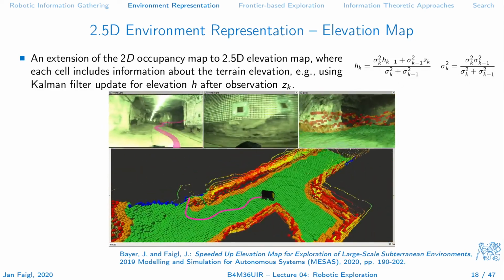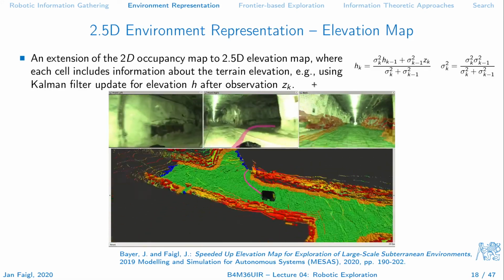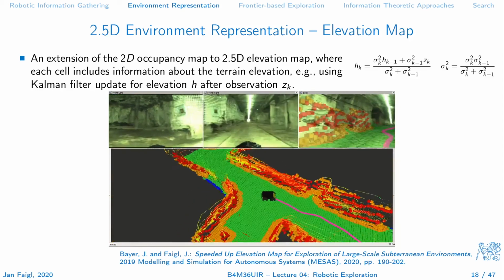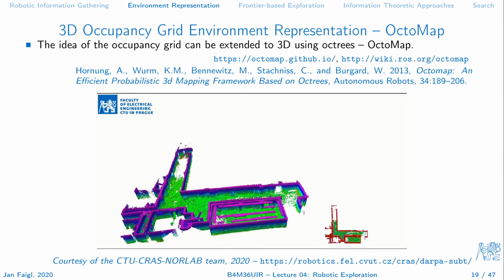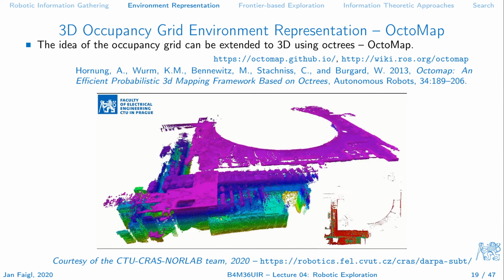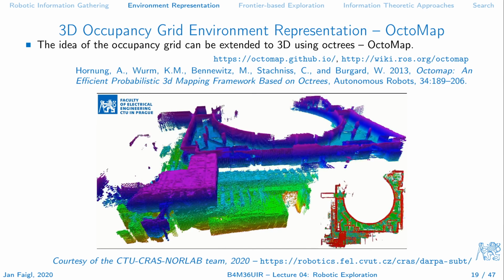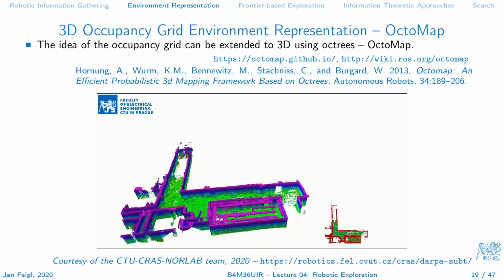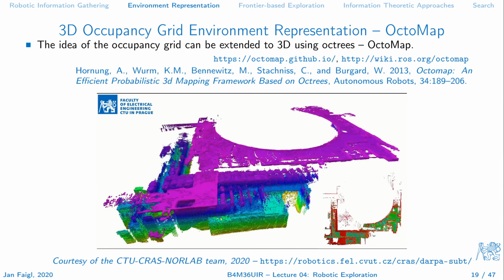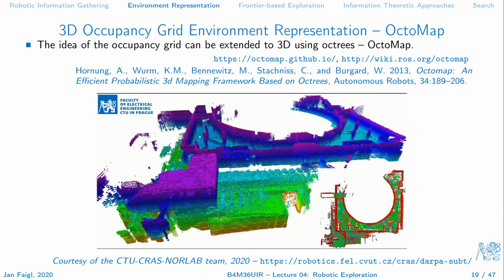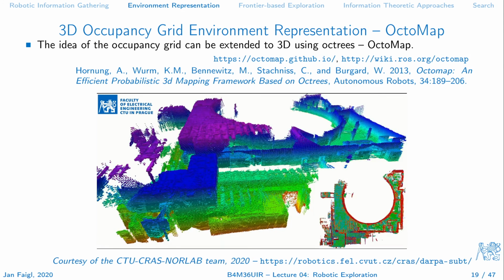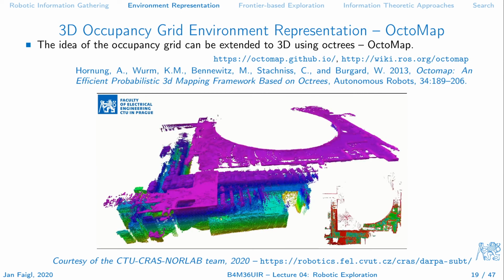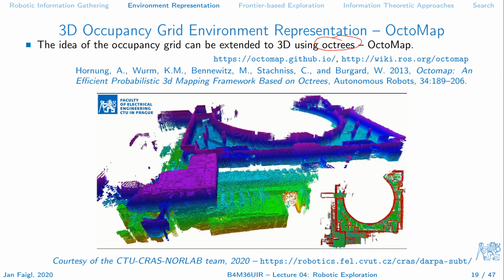So you will have this prior. If you are familiar with the Kalman filter, you can just use these updates. But of course, there is also the way to consider an occupancy grid in 3D. In 3D, it is more memory demanding, and usually there is a large portion of free space, so we don't need to have a fine resolution for a very large volume of free space, and that's the reason why octree data structures are used.